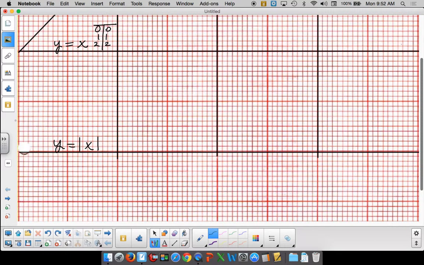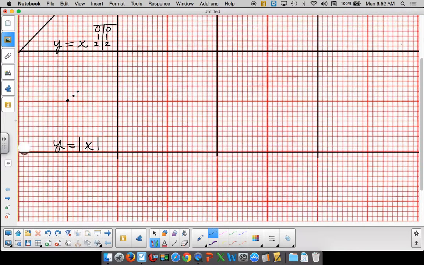Okay, but where did the coordinates pass through when you did the absolute value? 0, 0, 1, 1, and -1, 1. Because if you put 1 in for x, you're going to get 1 for y. If you put -1 in for x, you're going to get 1 for y. So yes, it went through 0, 0, same points we just did, except it went both directions.